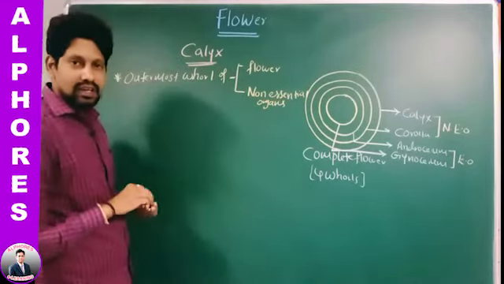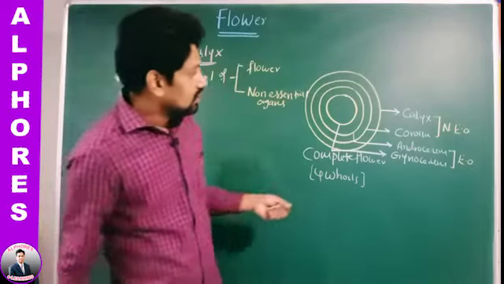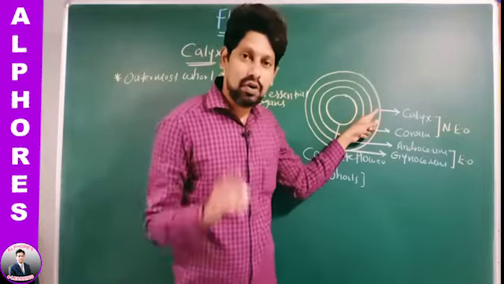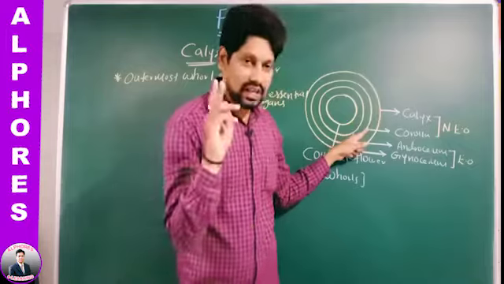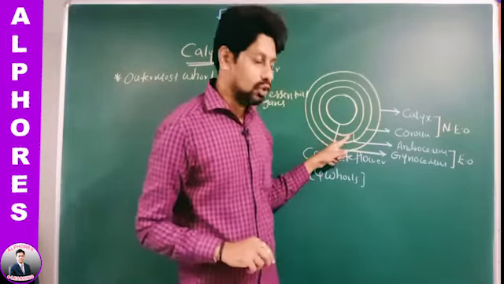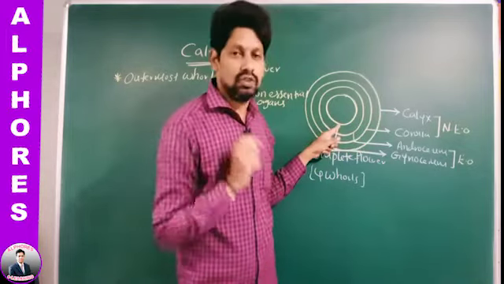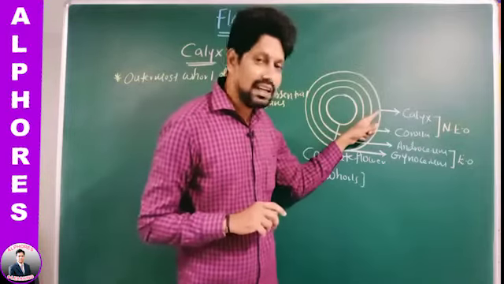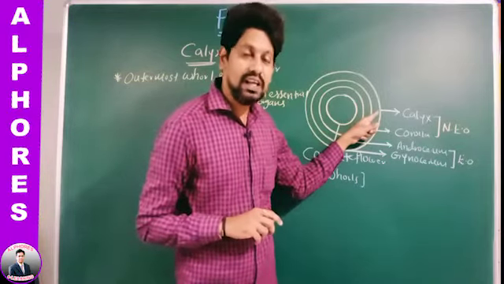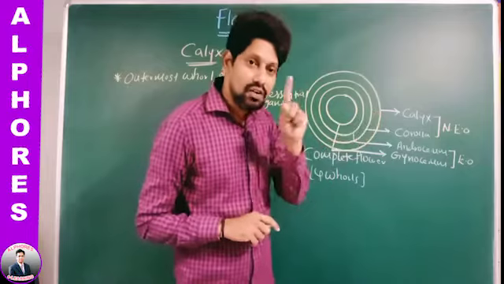Now, calyx is present at which node? First node. Corolla, second node. Androecium, third node. Gynoecium, fourth node. Therefore, calyx is present at the first node.